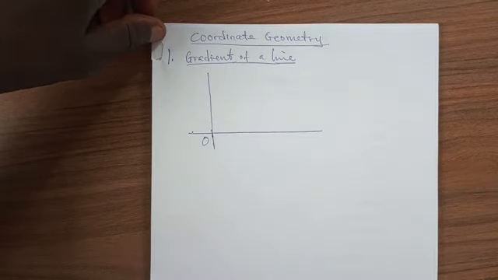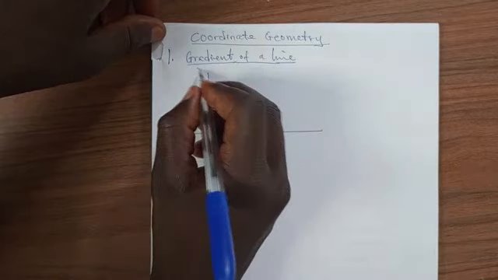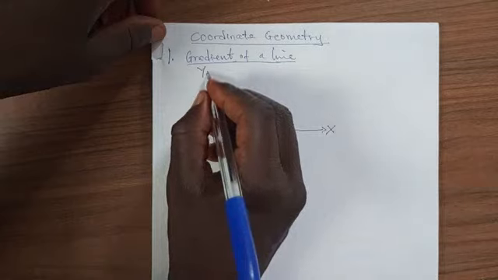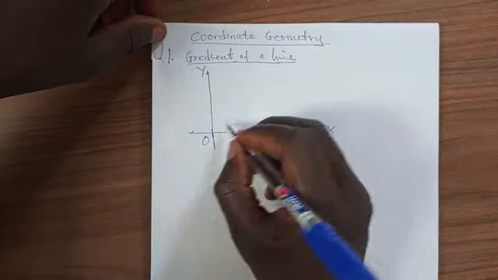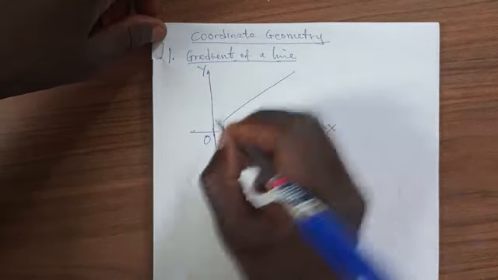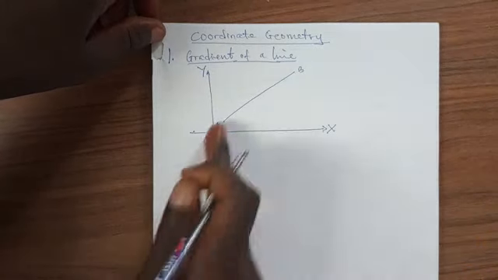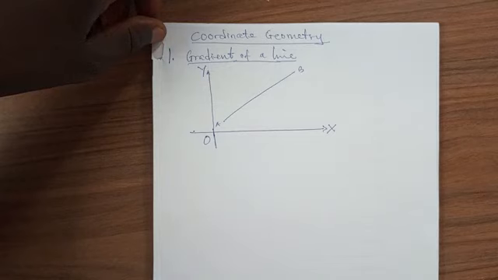Students are familiar with the Cartesian coordinate, and here is the y-axis and the x-axis. Given a straight line, line AB is a line segment.